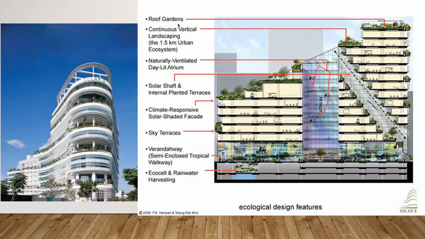Therefore, it is a naturally ventilated and day-lit atrium. There's no need for any lamp or light bulb in this section because it's all natural lighting. And this type of green building saves energy by a lot. Let's carry on.